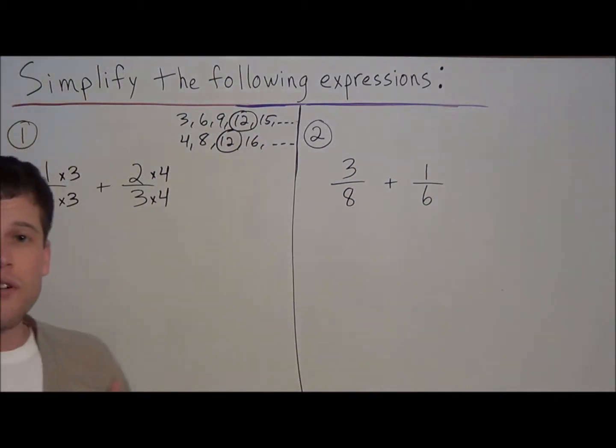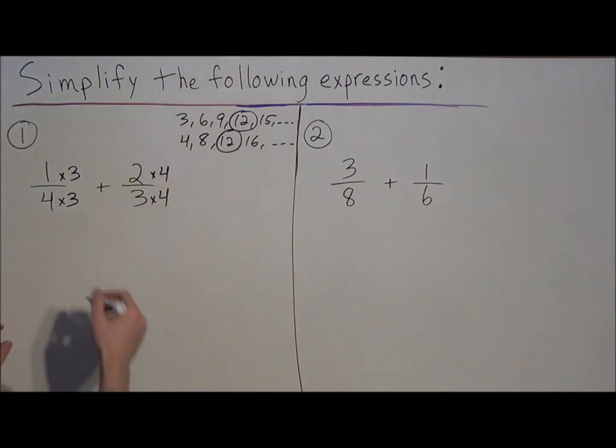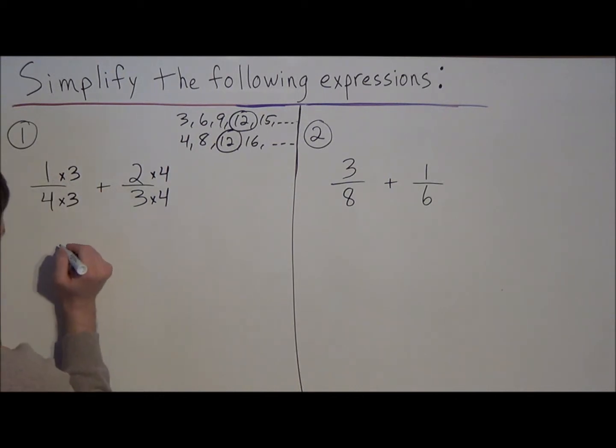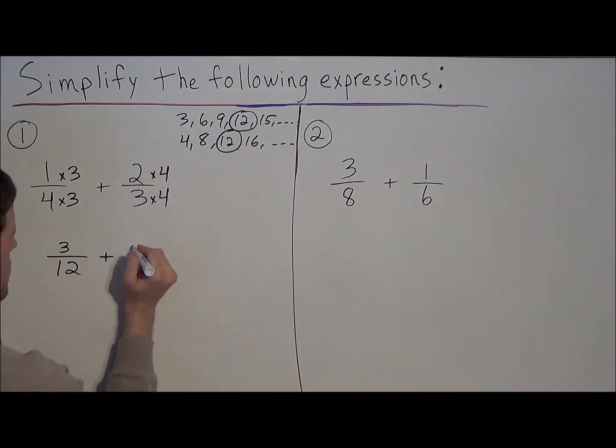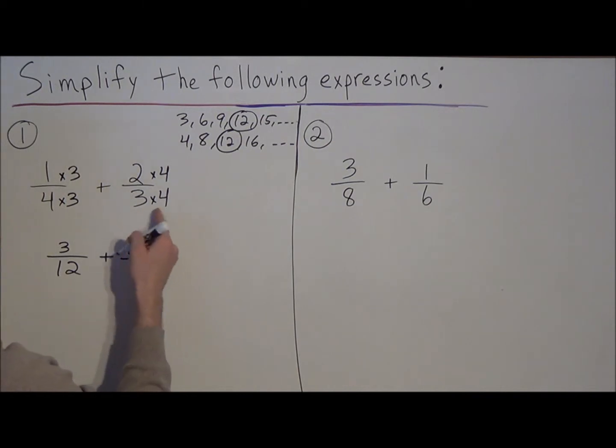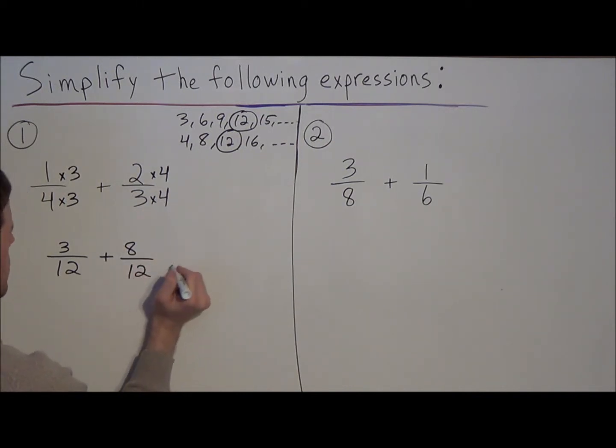So then we're going to rewrite our fractions with these new values. So instead we have 1 times 3, which is 3, over 4 times 3 is 12, and now we have plus 2 times 4 is 8, over 3 times 4 is 12. So when we have these fractions now, notice their denominators match, so we could continue.